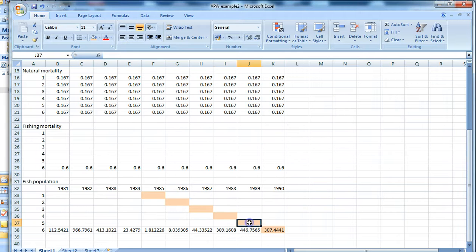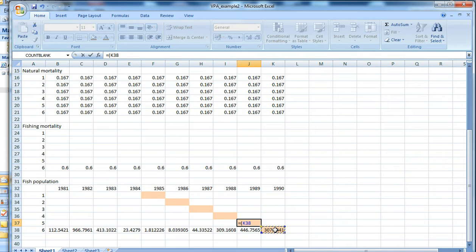Here we go. Into this box here we need to put an equation. So let's put a bracket there. It's the number of fish at N T plus 1, which is that number there.